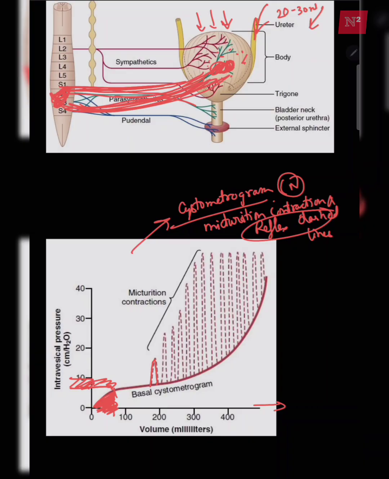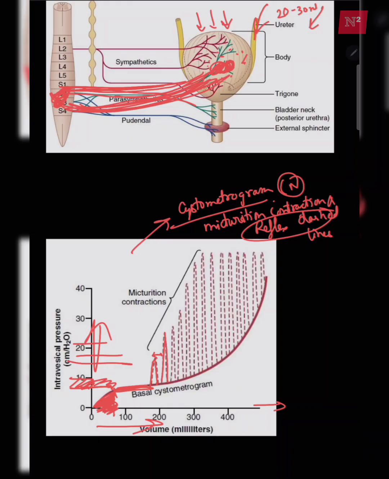Now this step, increasing the volume of urine in the bladder and increasing the pressure, will keep on increasing as the volume increases, and this cycle will repeat after every few minutes to few hours.